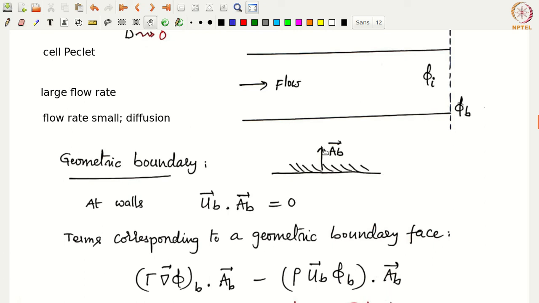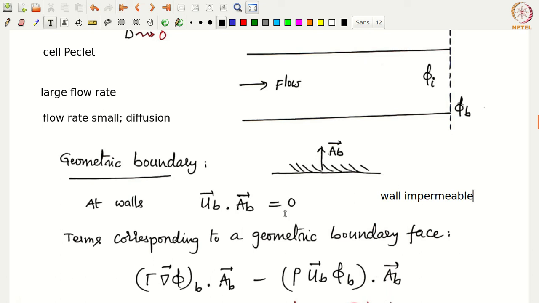Now at walls, essentially the condition we have is the flow cannot go normal to the face, right? It cannot go in normal to the face. That means the wall is impermeable, right? So for the flow, the dot product of the velocity and the area vector, that is UB bar dot AB bar, would be equal to 0, right?